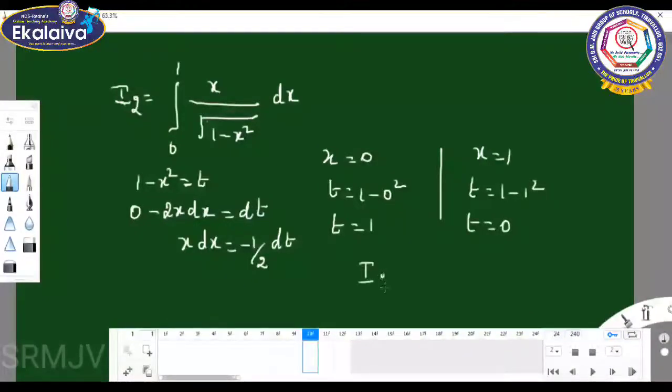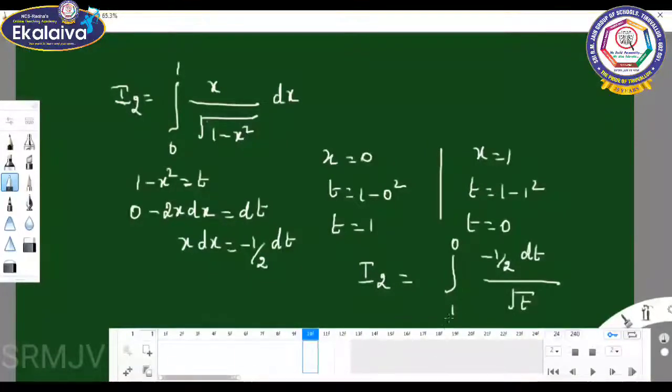So I2 equal to, see the limit, 1 to 0. x dx is what? Minus 1 by 2 dt by root t.